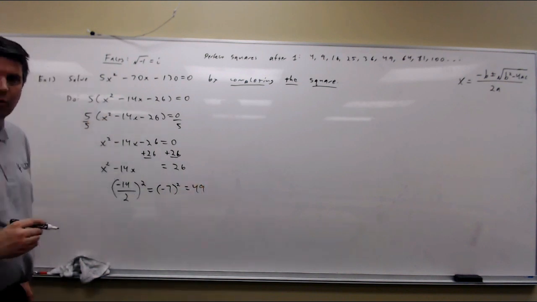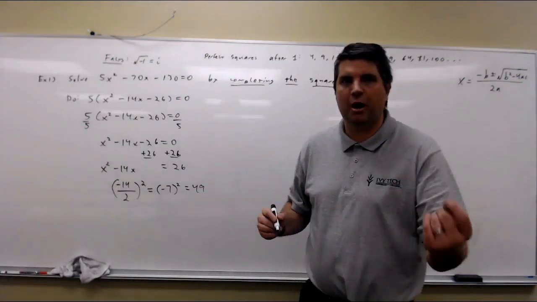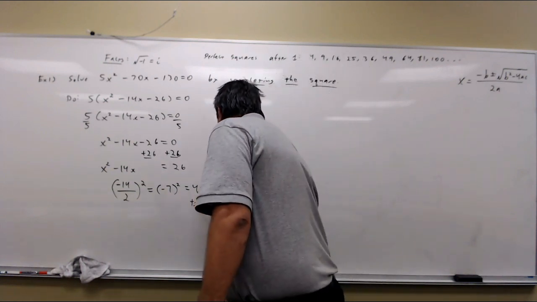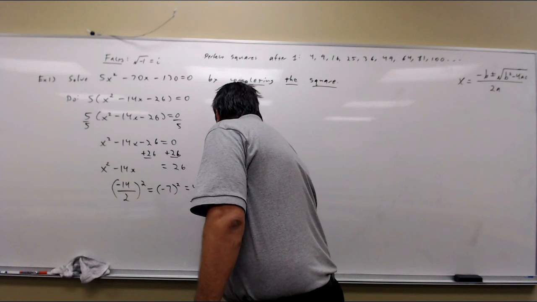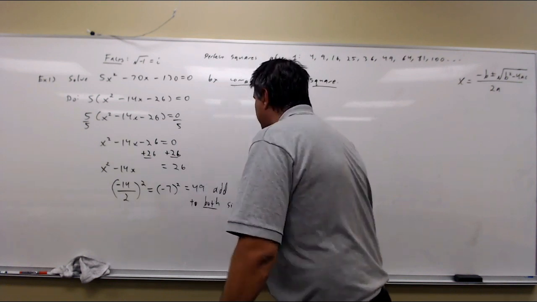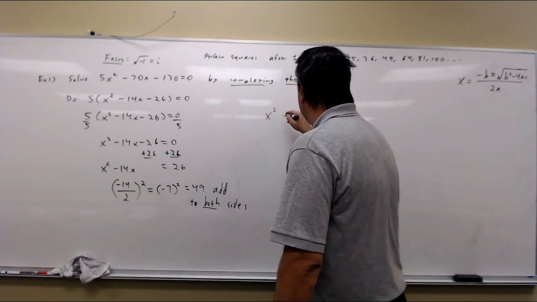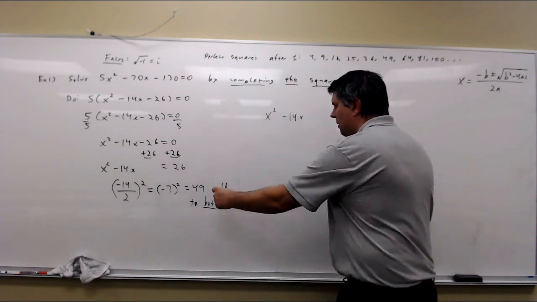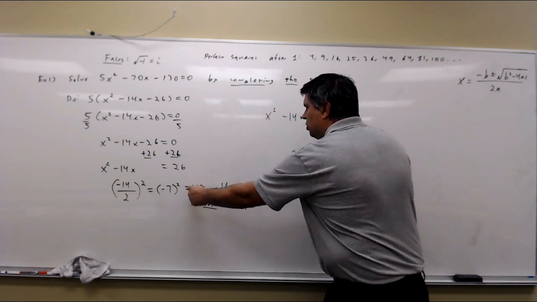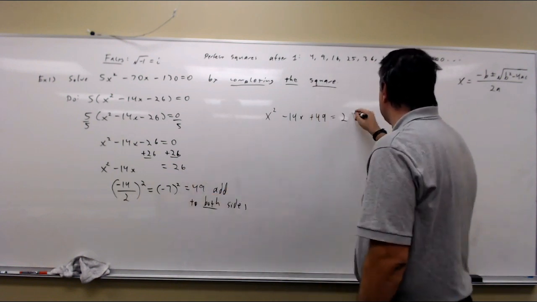Negative 7 squared is 49, which we add to both sides. So that's going to give me x squared minus 14x plus 49 equals 26 plus 49.